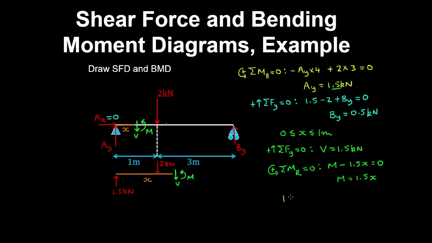So from 1 meter to 4 meters, taking an equilibrium of forces with our usual positive convention, we have the shear force plus 1.5 kilonewtons minus 2 is 0. So solving this, we get the shear force is minus 0.5 kilonewtons.